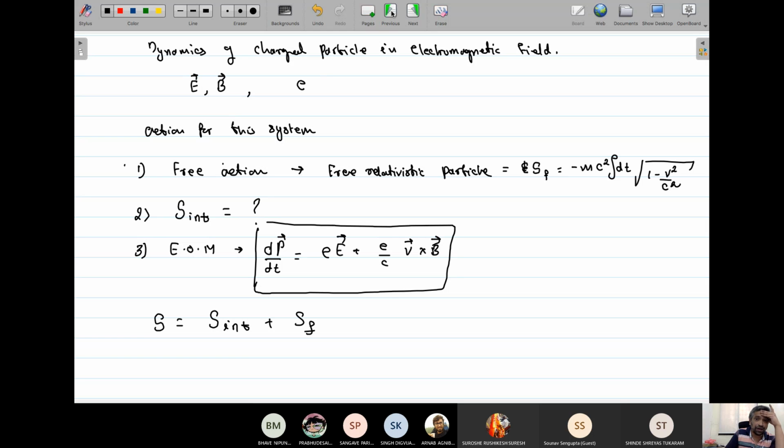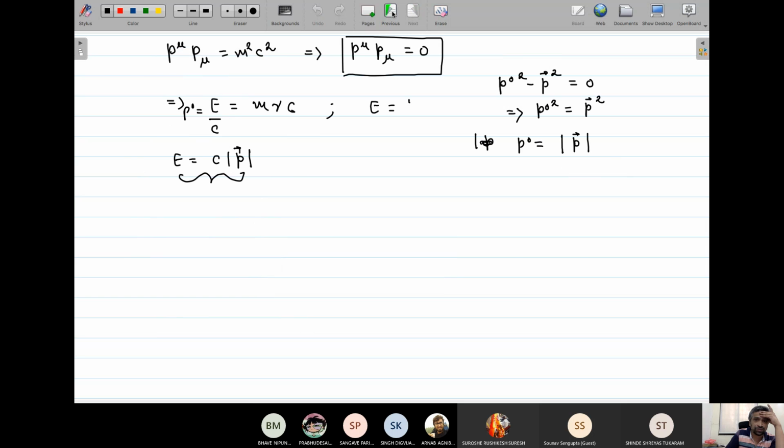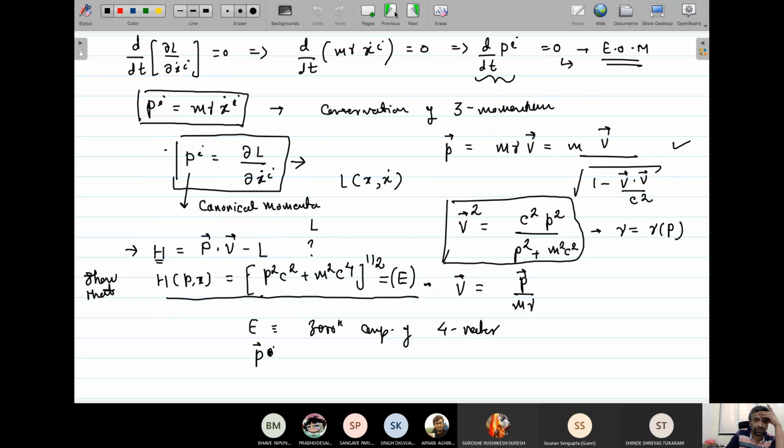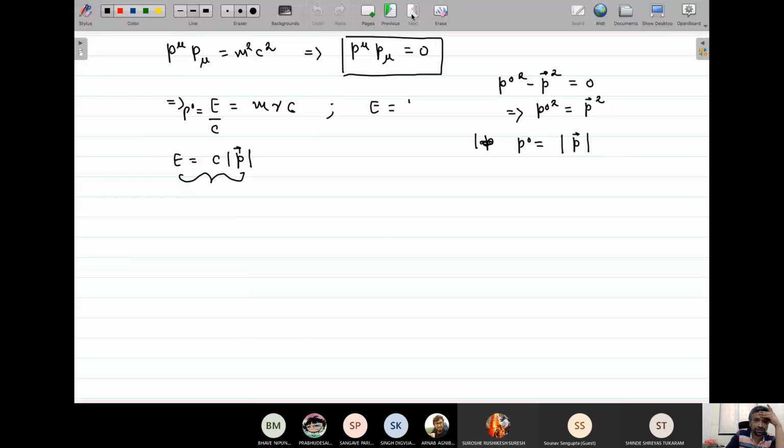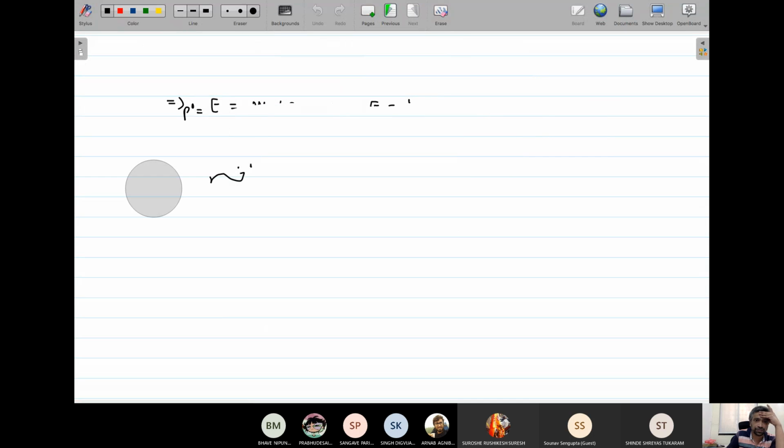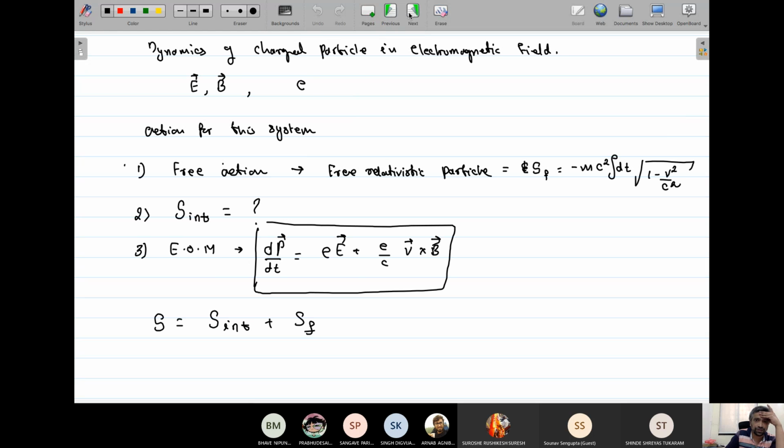Further, suppose I consider a particle moving at non-relativistic speeds, that means a slow-moving charged particle, or for that matter a particle at rest.